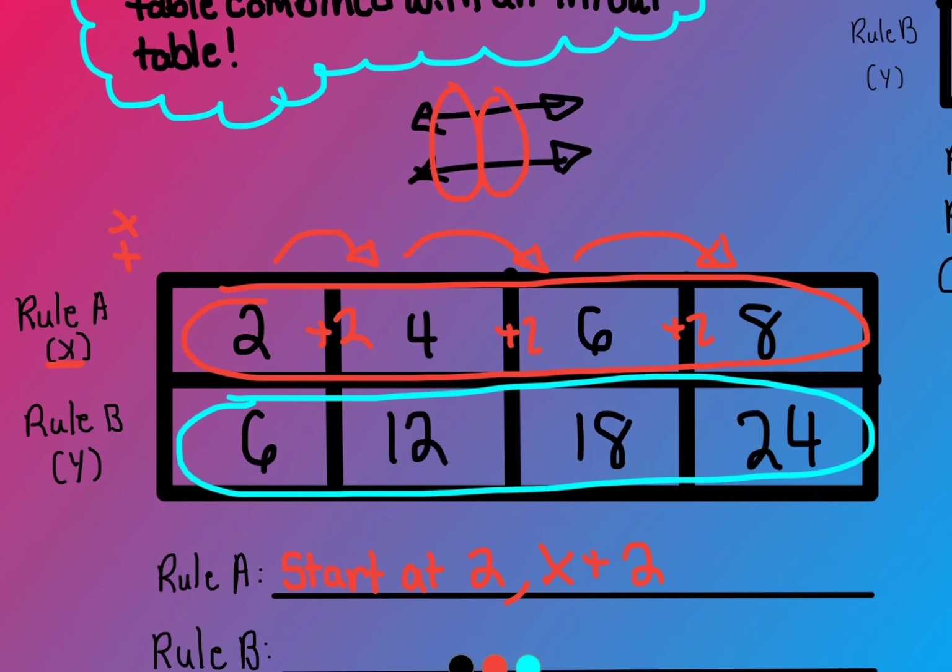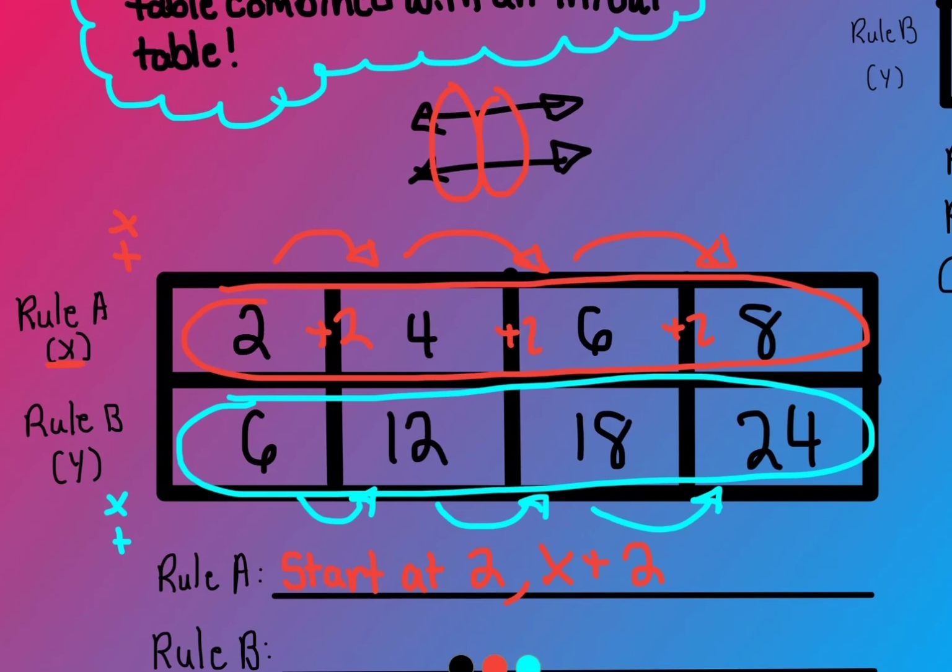Then I need to look at my rule B, my blue numbers. Once again, looking there from here to here, here to here, and here to here. Are my numbers going up or are they going down? They seem to be going up, so I'm asking myself the same thing. I'm either going to be multiplying or adding. Well, 6 times 2 gives me 12, but 12 times 2 does not give me 18. That doesn't work. I go to the next one.